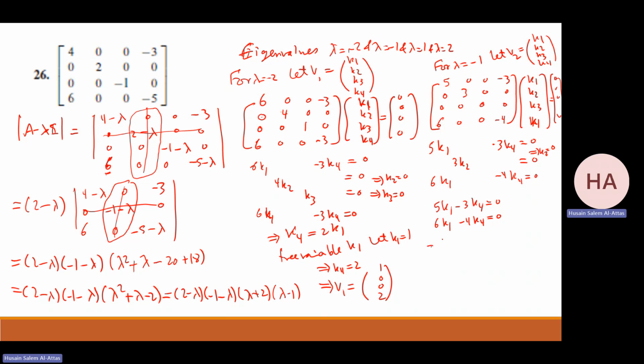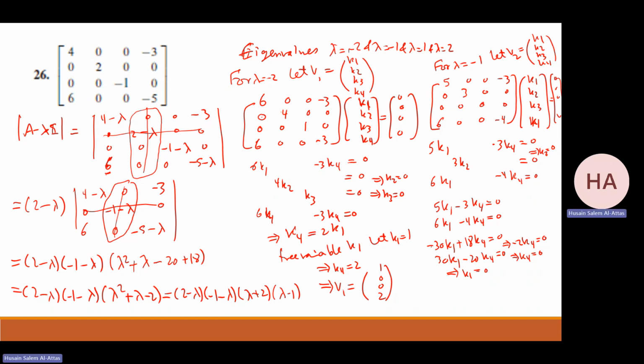So I have minus 30k1 plus 18k4 equals 0. Multiply the second one by 5. So I have 30k1 minus 20k4. Add them. I'm getting what? Minus 2k4 equals 0. So k4 equals 0. Plug it in the first one. I have k1 equals 0.